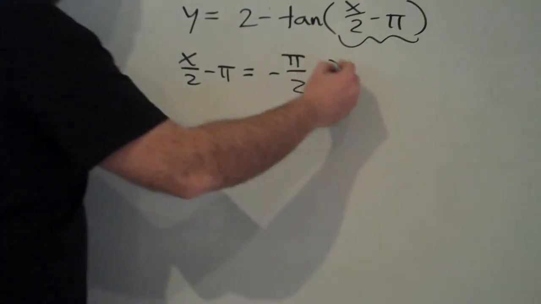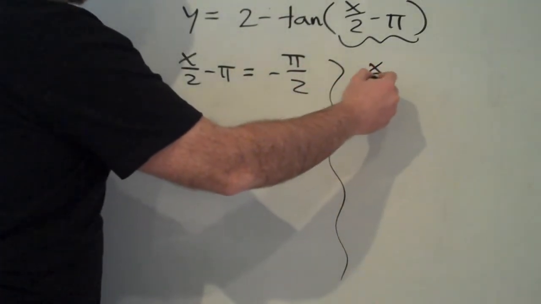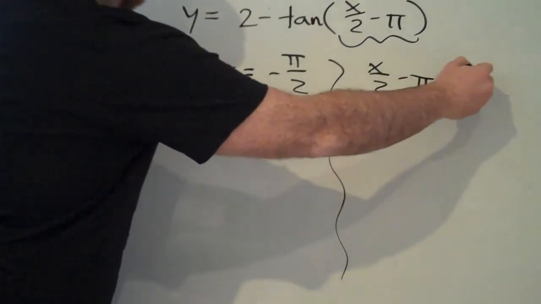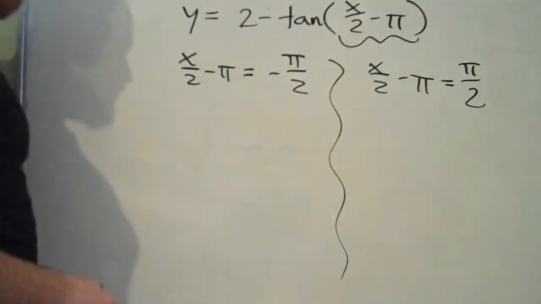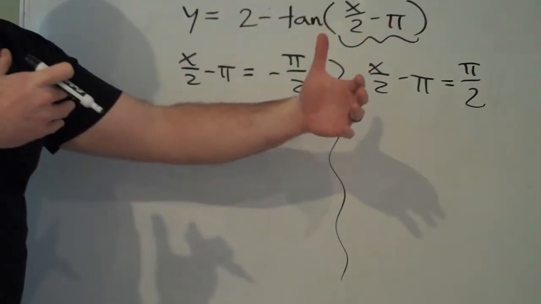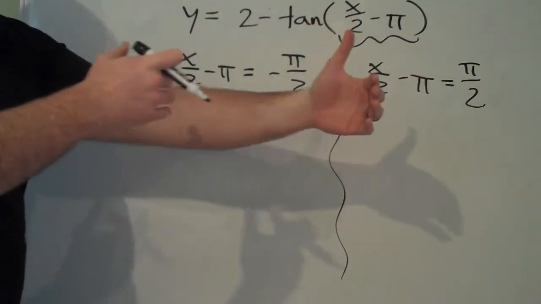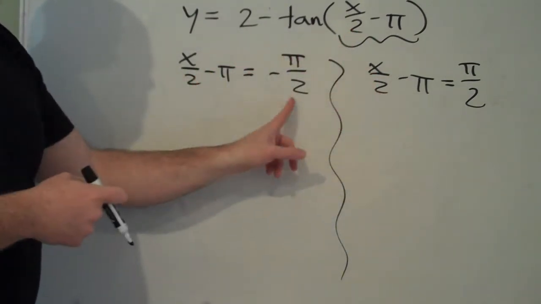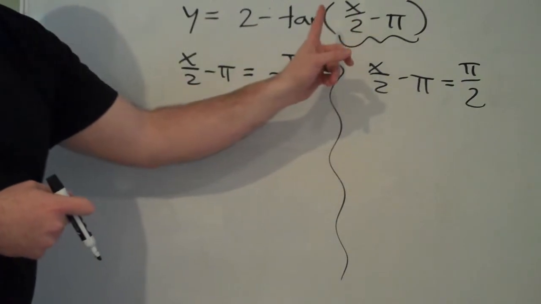Then we're going to do the same thing. We're going to take x over 2 minus pi, and we're going to set that equal to the right asymptote. So this still dictates how spread out the graph is and where it locates that first period, but it's not moving points, it's moving asymptotes with a tangent graph.